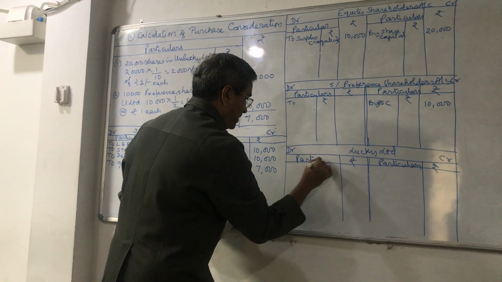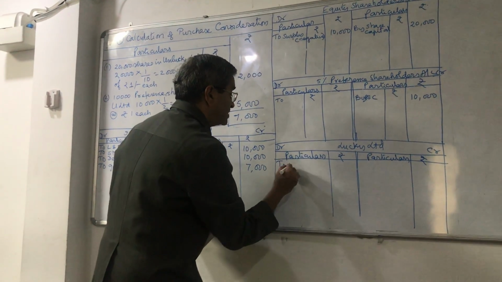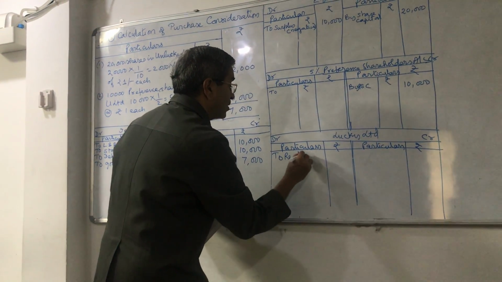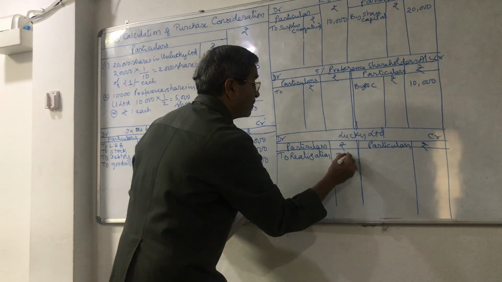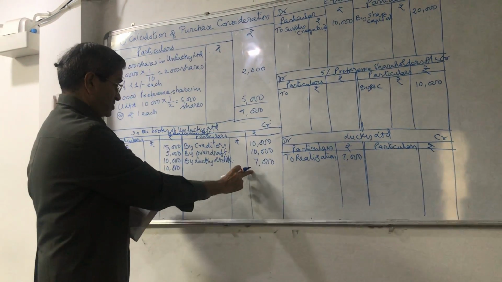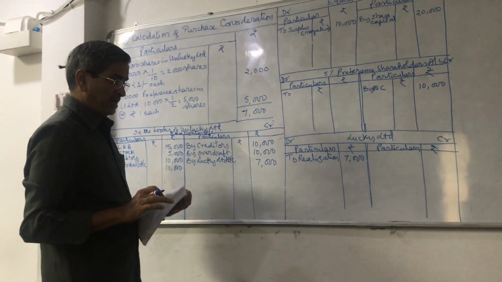Then you will have more clarity on this because we are not writing journal entries. To realization, you show 7,000 here. This is 7,000 credit here, debit here. So that's over, first entry.